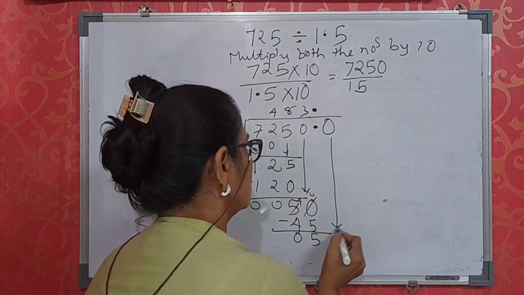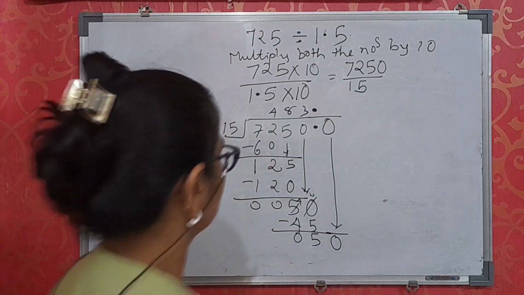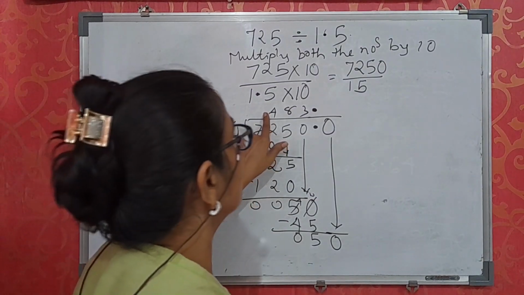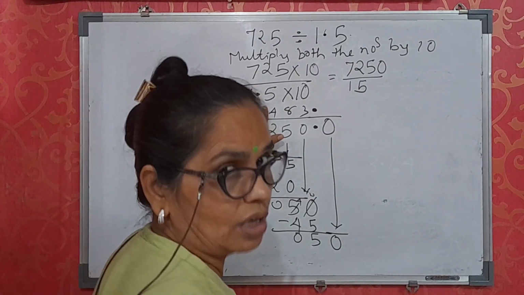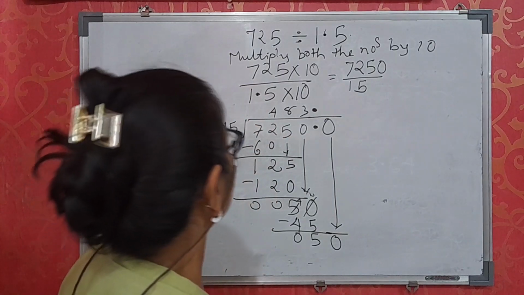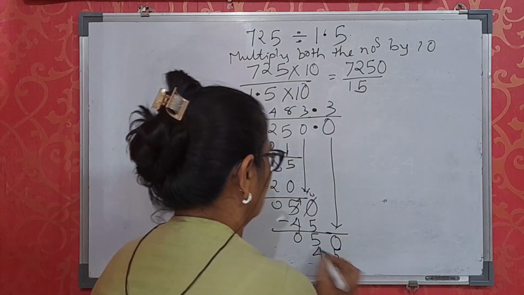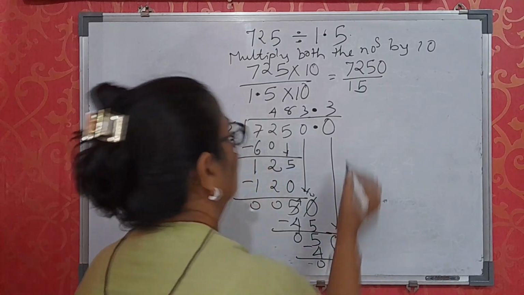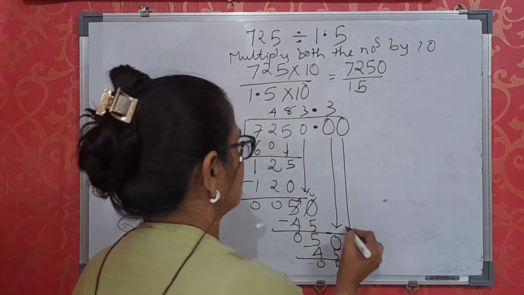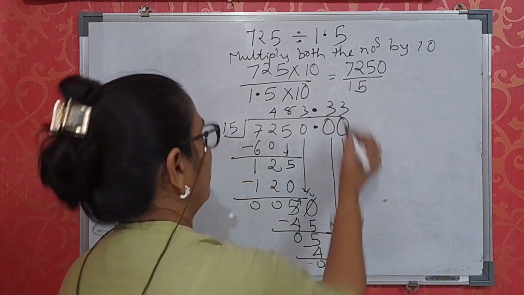Now you take the 0 down. Since it's a decimal division, your answer should come in decimal. And this 15 3s are again 45. Again 5. One more time you can take 0. Again 45.